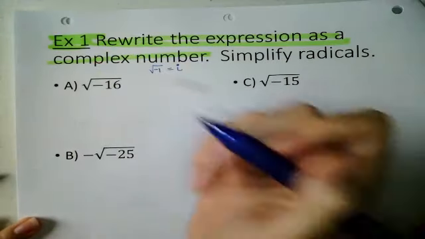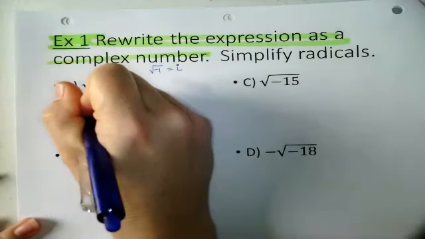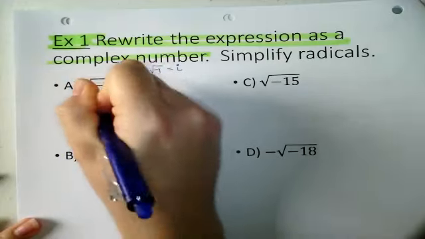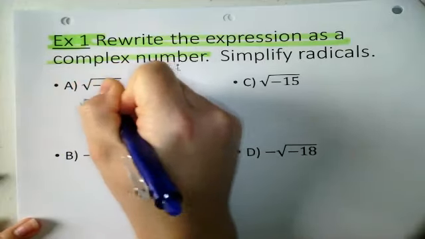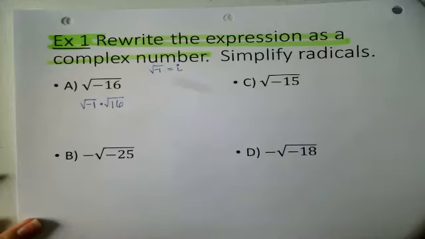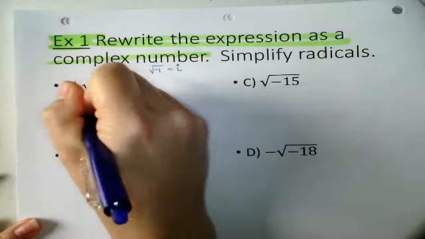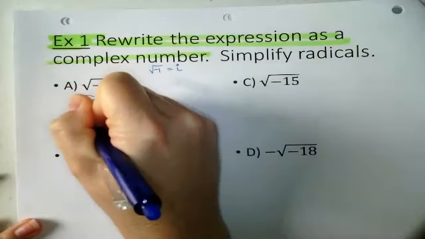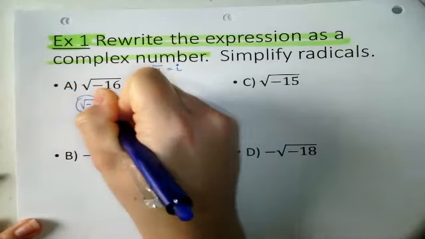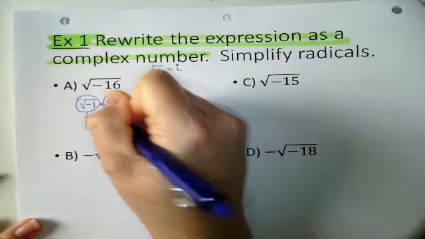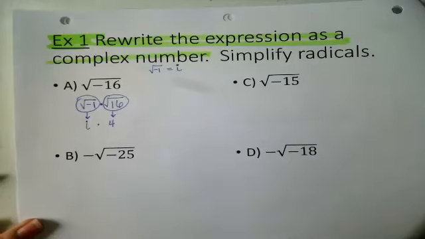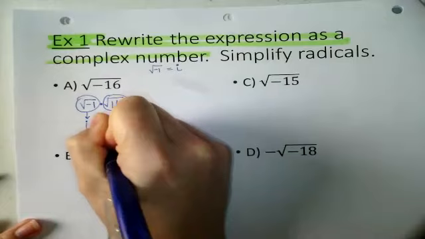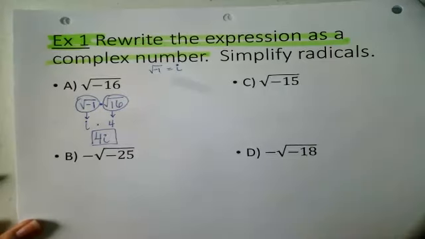Again, using that product of radicals, this breaks apart into the square root of -1 times the square root of 16, which is kind of nice because what is the square root of -1? i. What is the square root of 16? 4. So we get i times 4 or 4i, which is how we would normally write that.